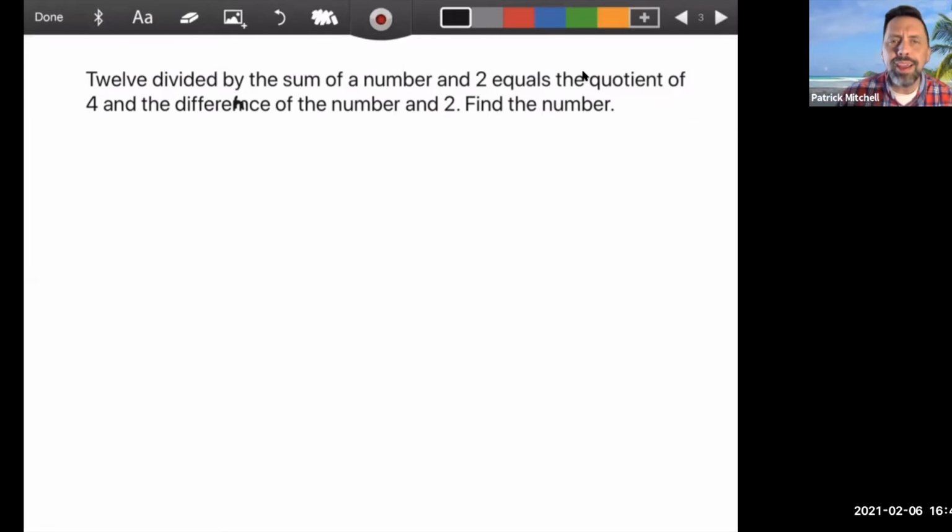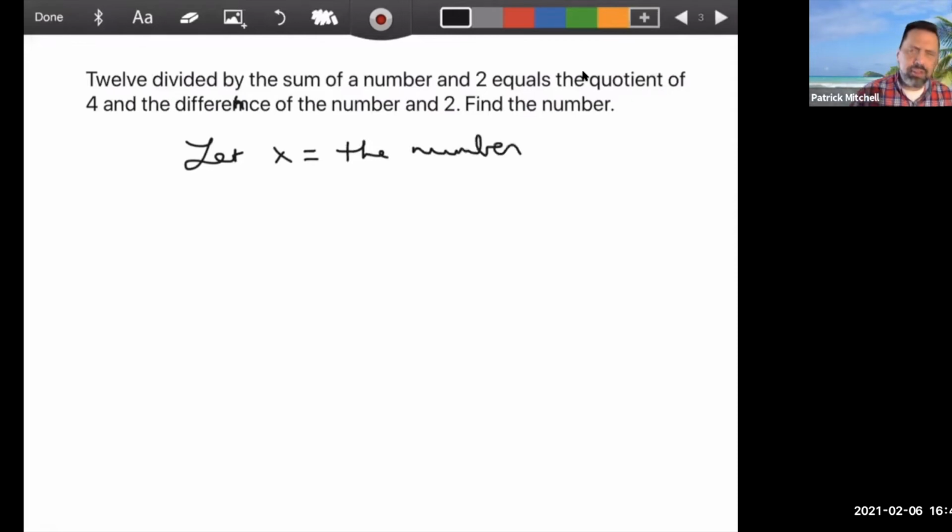For a who cares problem, you can just say let x equal the number. By the way, Mitchell's commandments are only for word problems. I have seen students get carried away and try to do this in every single problem. Only word problems, all right?